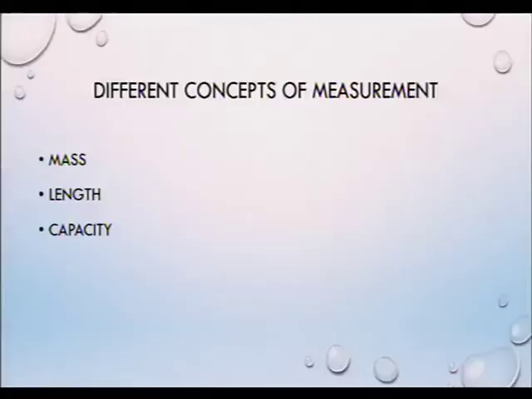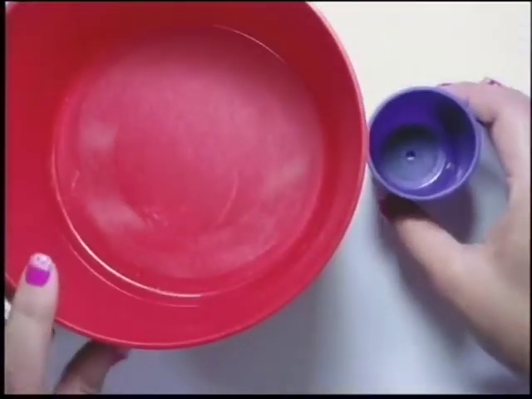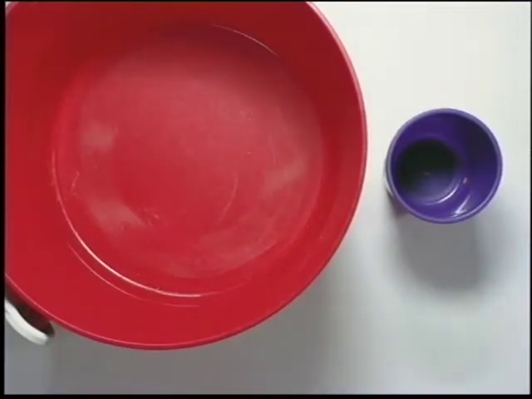Our next concept for measurement is capacity. I may use two different size glasses or buckets where the learner can immediately identify which one, or I can ask the learner which of these two objects, if I pour in water, will have the most water.